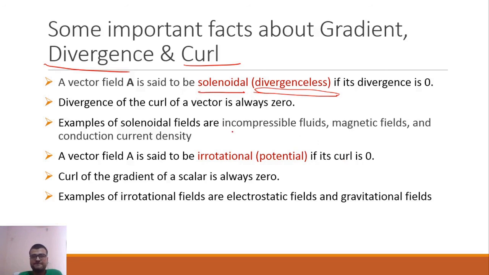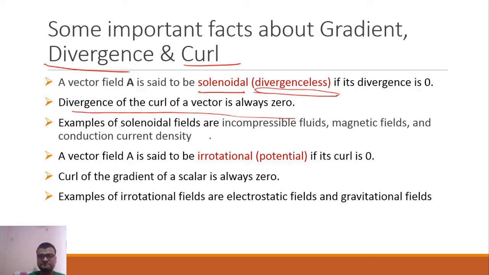Also, the divergence of the curl of a vector will always be 0, because whenever you find out the curl of a vector, that means the vector does not have a source or sink, because the vector is rotational. A rotational vector will have the source and sink as same. It does not have a separate source or sink, so its divergence will always be 0.